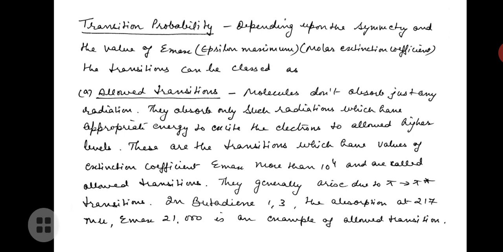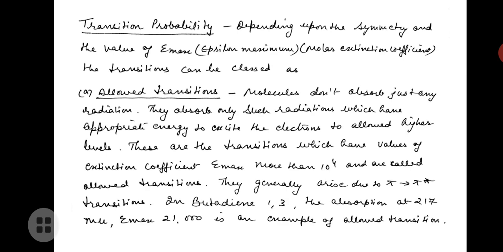These are the transitions which have values of extinction coefficient Emax more than 10^4 and are called allowed transitions. They generally arise due to pi to pi star, pi antibonding, transitions.